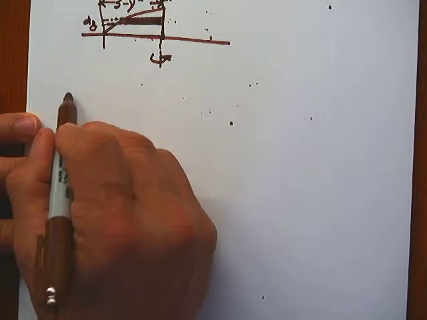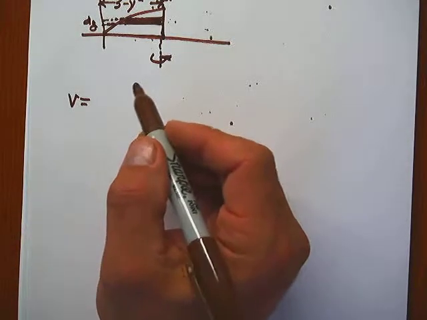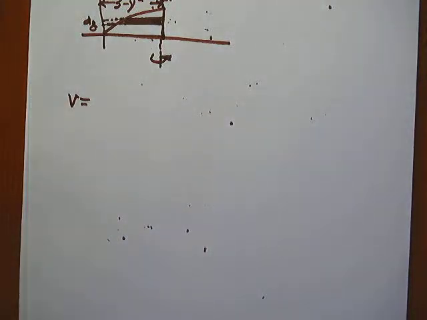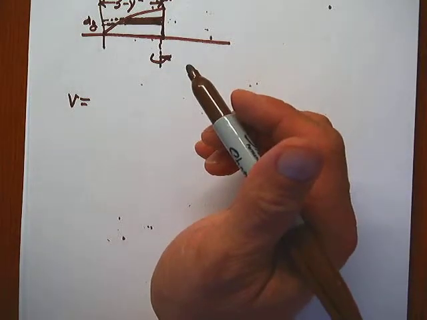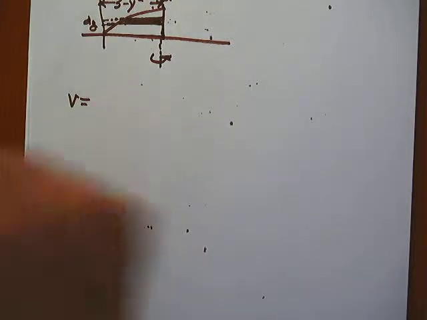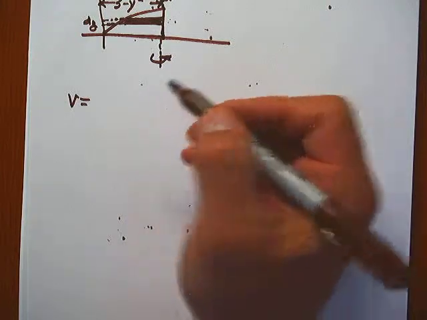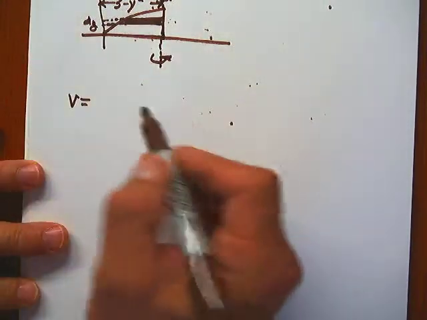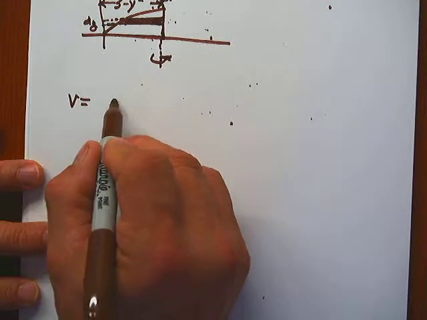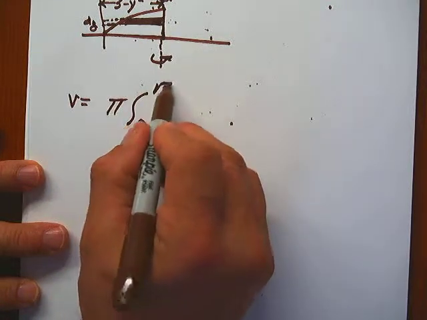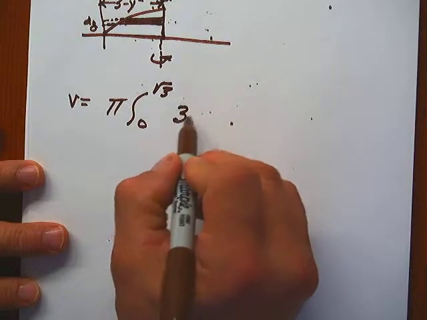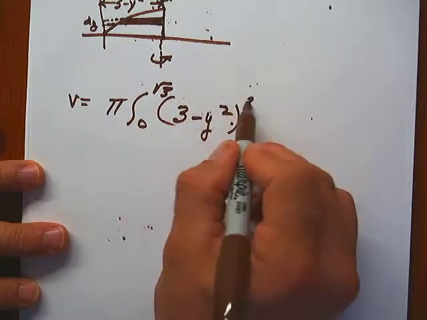And then of course this is 0, so we're not worried too much about that. So V is equal to 3 minus y squared, quantity squared, and it's still from 0 to the square root of 3.